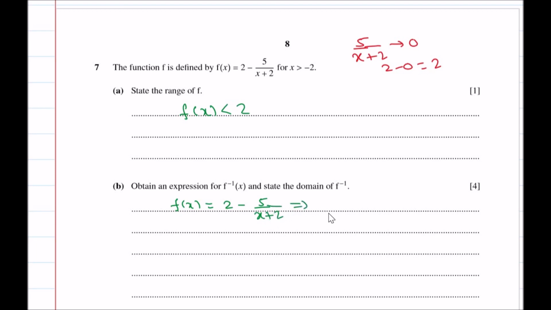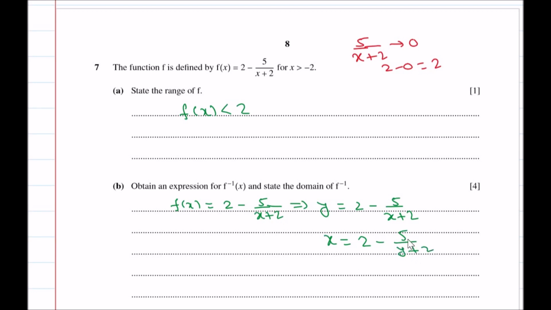This implies that y is equal to 2 minus 5 by x plus 2, right? Let us swap x and y. Swap x and y means where we have y, we will write x, and x will be written as y. So x equals 2 minus 5 by y plus 2.